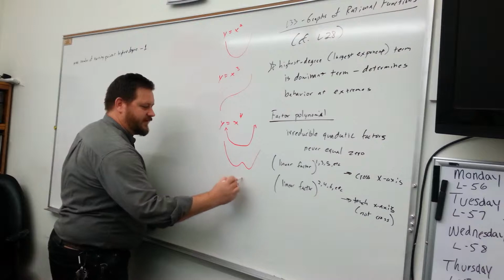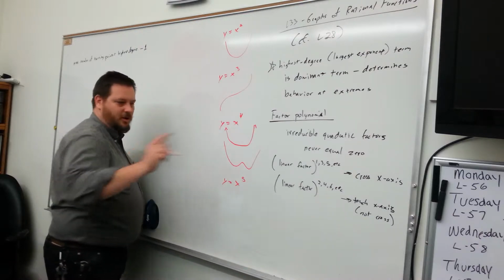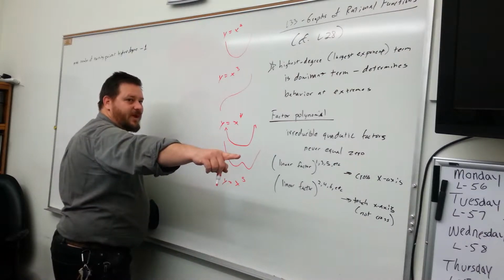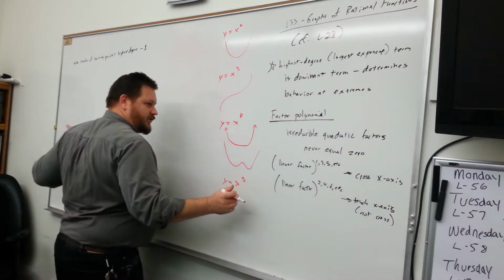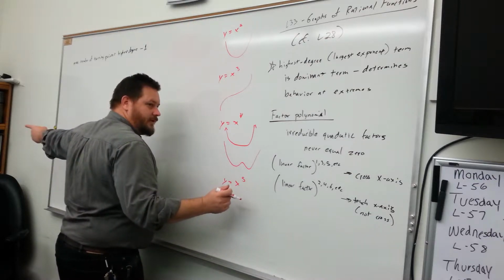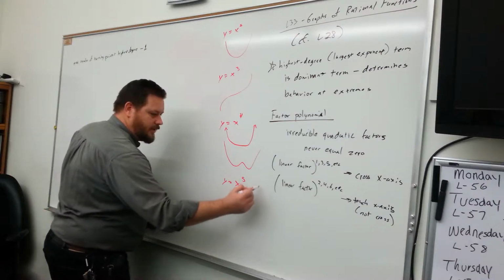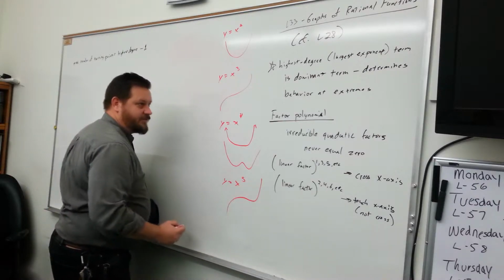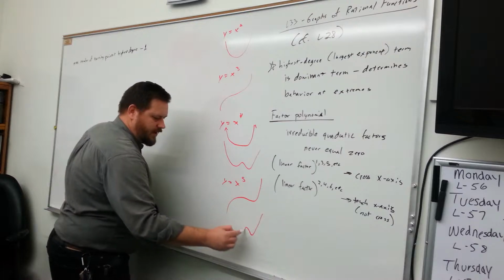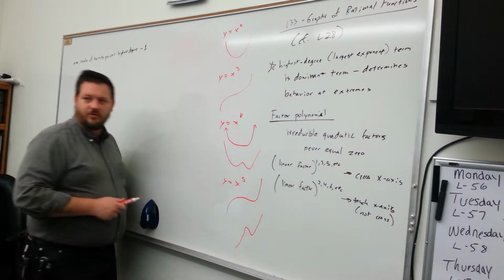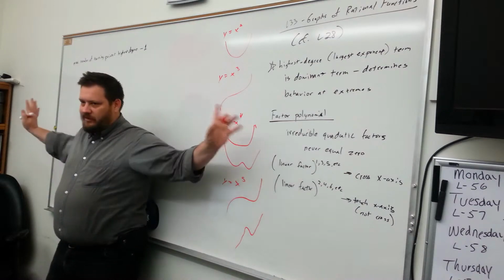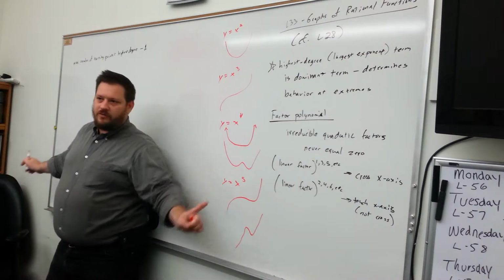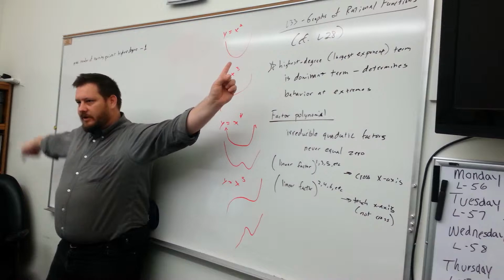Y equals x to the fifth. What's going to happen there? Large positive numbers for x, they go up. Large negative numbers for x, down. So we would have this basic shape. It might do some loopy things in between. But in any case, at the extreme ends, this end is going to go up, and this end is going to go down.